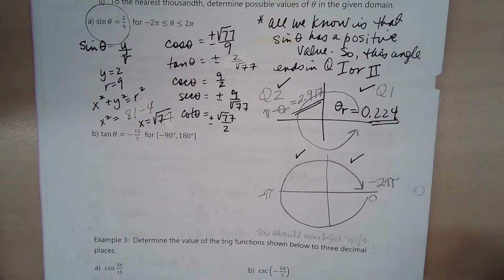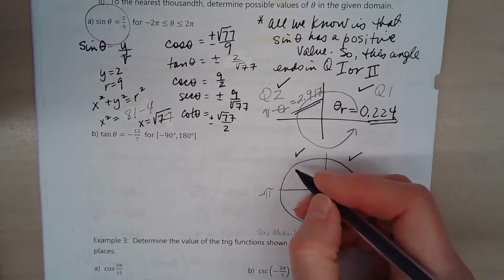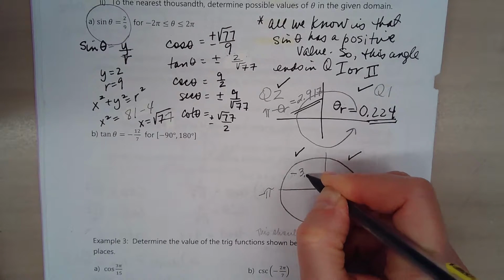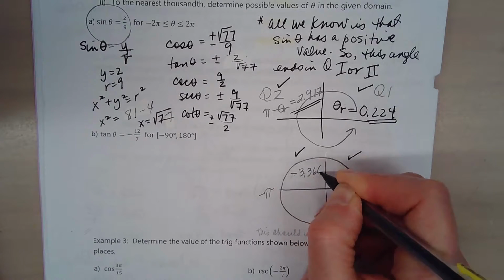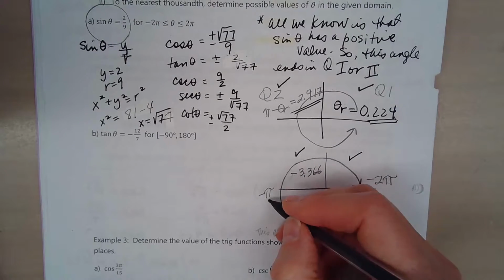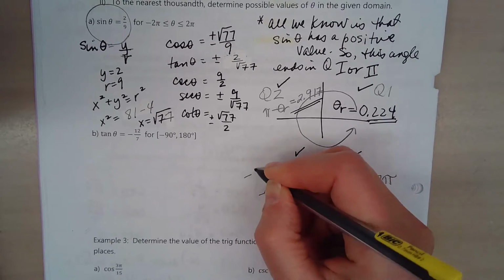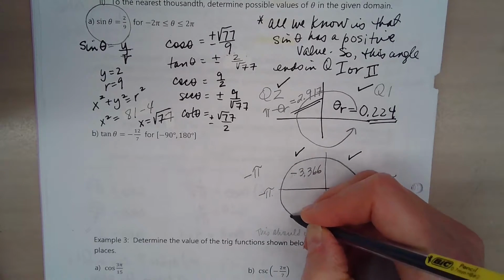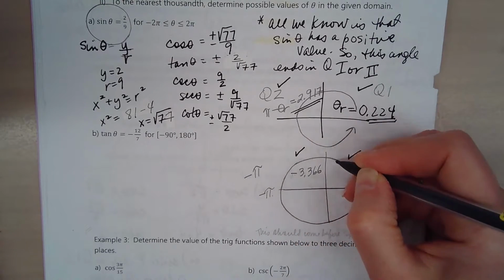So who got an answer for this quadrant? Anyone want to be brave? No? All right, I got negative 3.366. Anyone agree? So what I did is, this is my starting point, negative pi. Okay, I'm going this way around the unit circle, right?